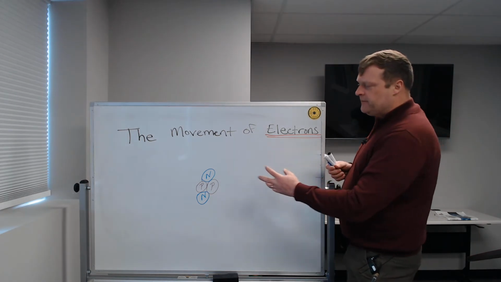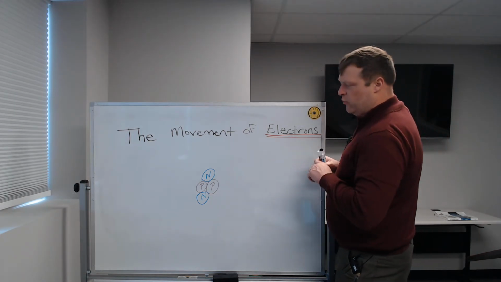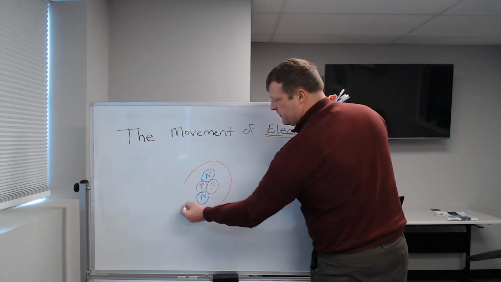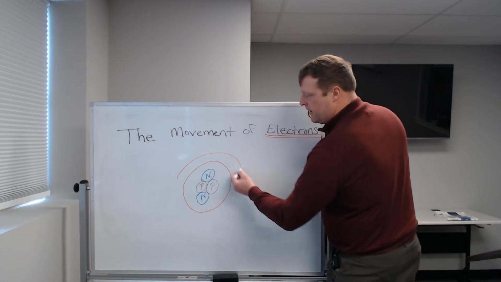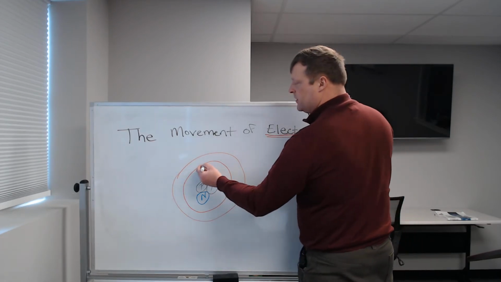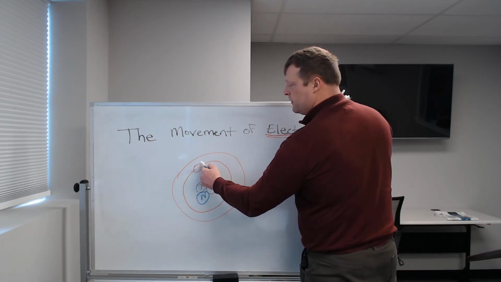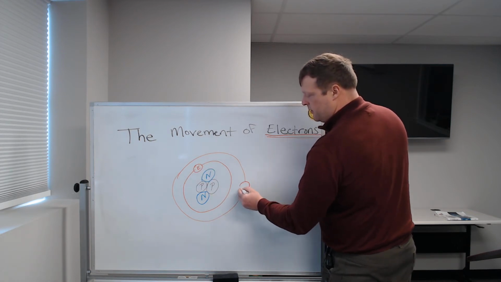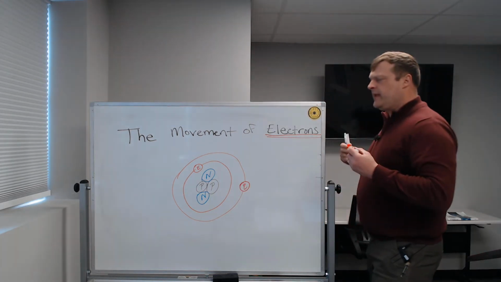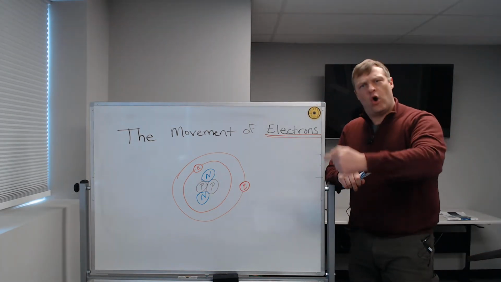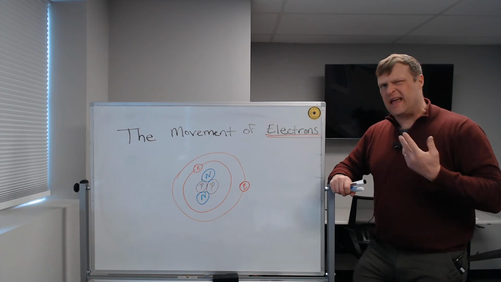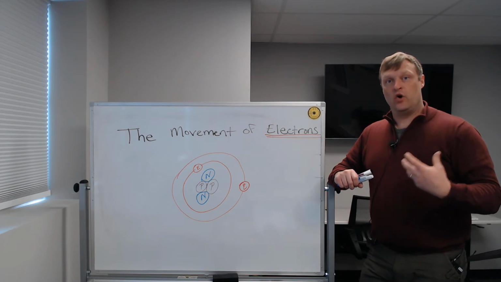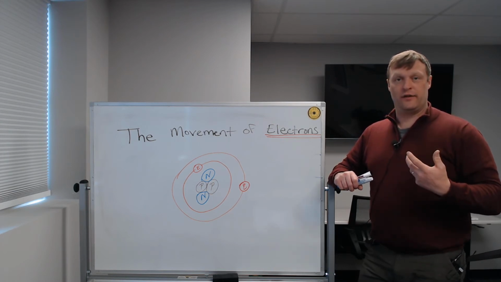And what goes around the nucleus is another part of an atomic structure called the electron. Okay? So electrons, they orbit around the nucleus like the moon orbits around the Earth, or the Earth orbits around the sun.